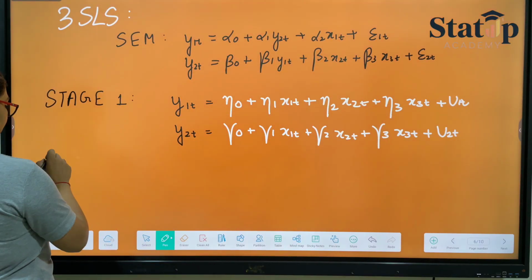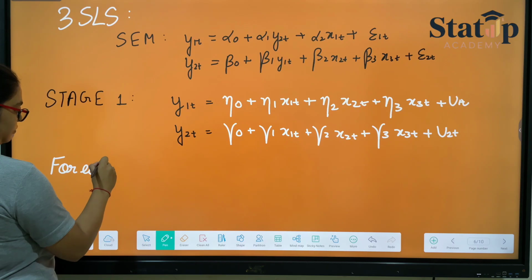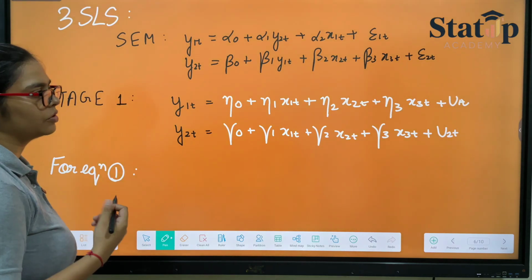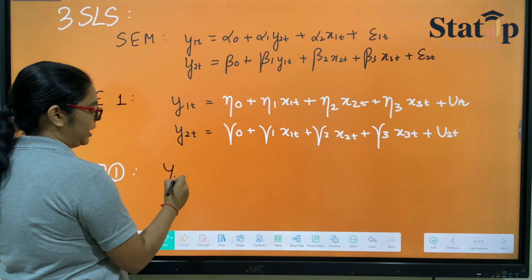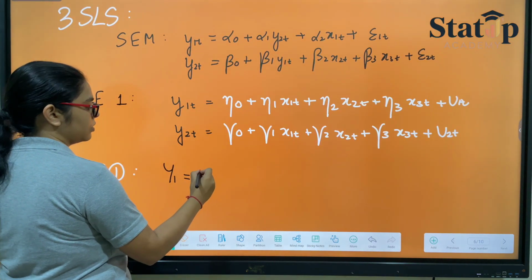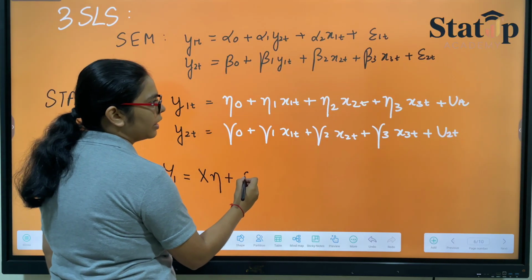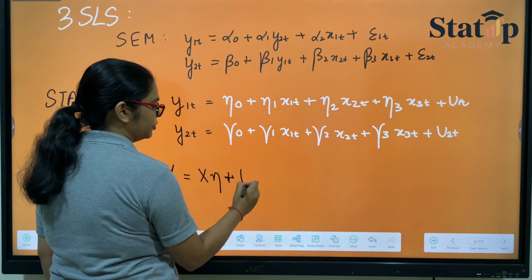For equation 1, what does equation 1 say? We can write equation 1 as y1 equals x eta plus u1.